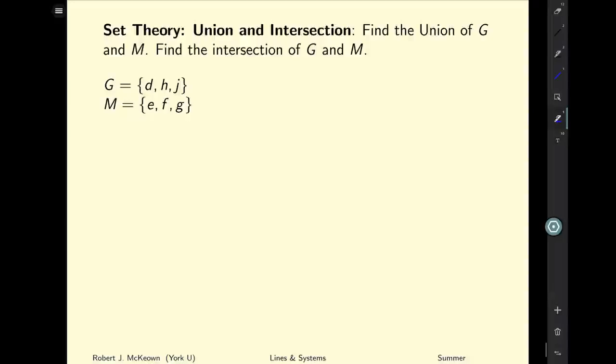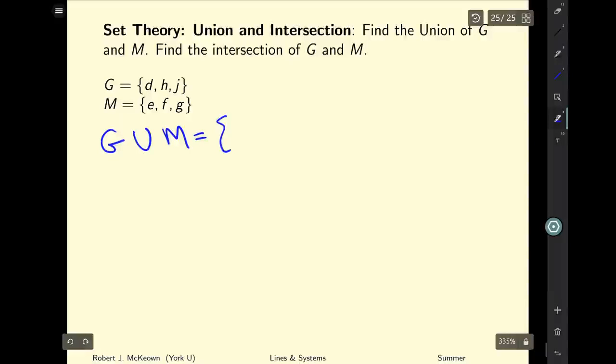And we're asked to find the union of G and M, and then find the intersection of G and M. So applying what we learned in the previous example, the union of G and M is going to be equal to any of these variables that occur in either the set G or the set M. So we're going to have D, E, F, G, H, and J.